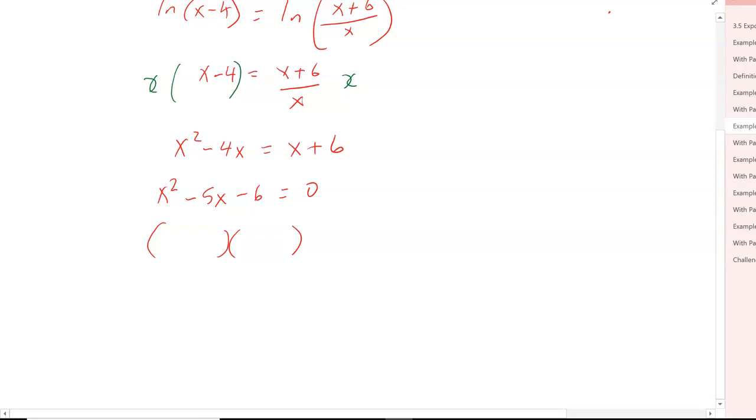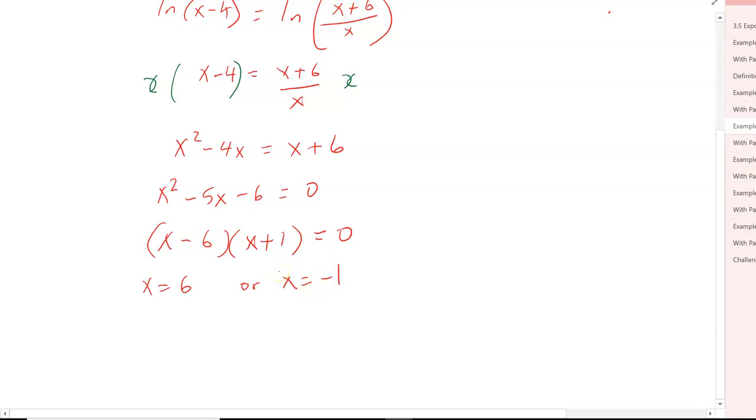These will be two numbers that add to give negative 5 and multiply to give negative 6, and that will be x minus 6 and x plus 1 equals 0. So if x minus 6 equals 0, then x will be equal to 6, or x plus 1 equals 0, so x will be equal to negative 1.